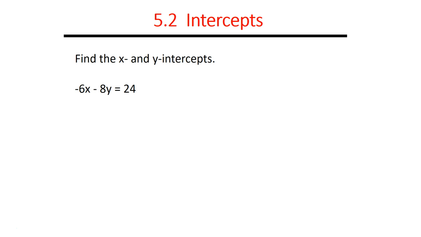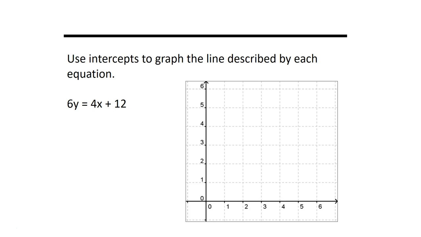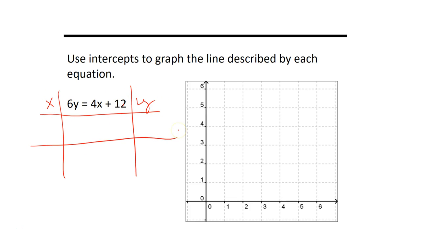All right, so now we're going to use these x and y intercept concepts to graph a line. So we're going to actually graph a line using a real graph, using the x and y intercept. So let's find the points where we can graph this line. So we're going to start with a y-intercept, which means that x is going to start at 0.